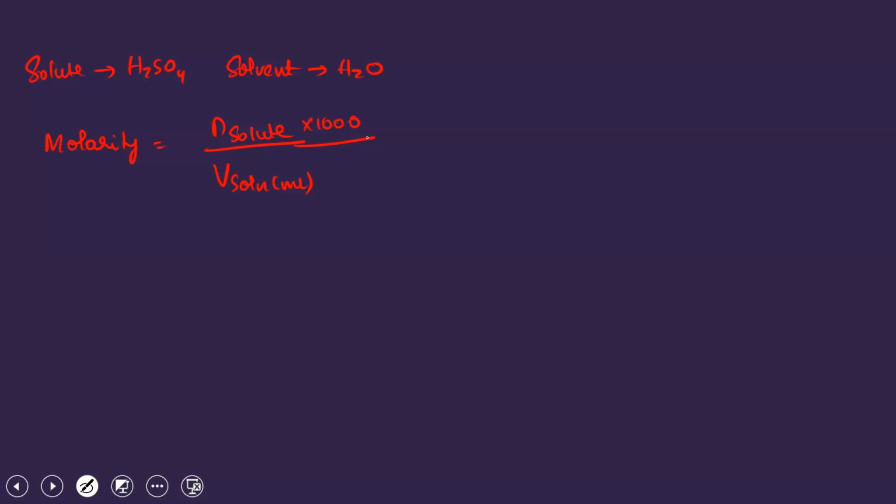Now number of moles of solute. We have taken 0.98 grams of H2SO4. Right? So number of moles of H2SO4 is equal to 0.98, the given mass, by molar mass. So which is 0.01. Correct?